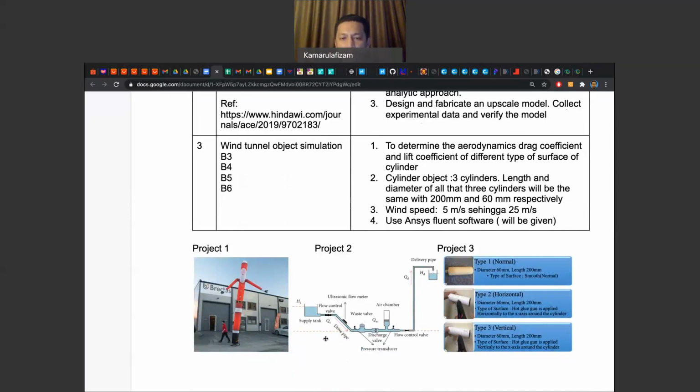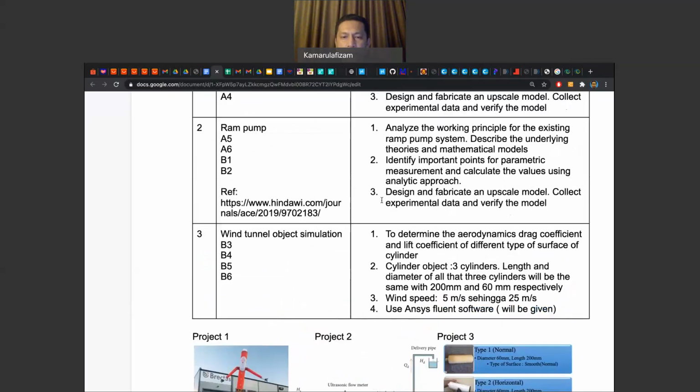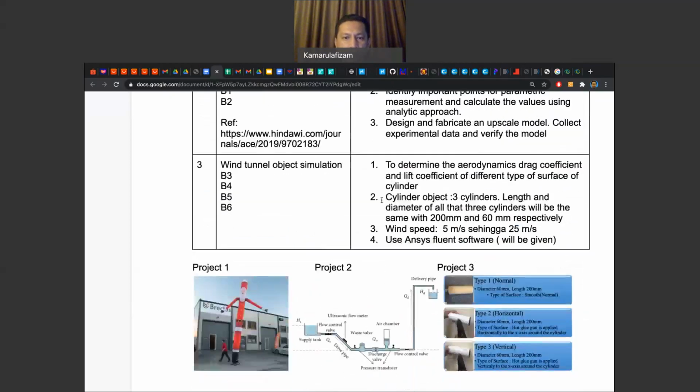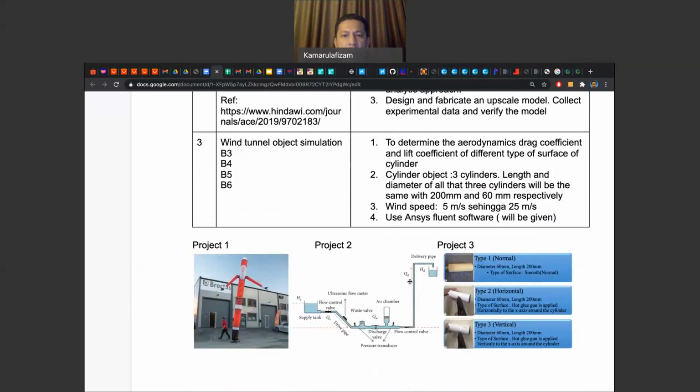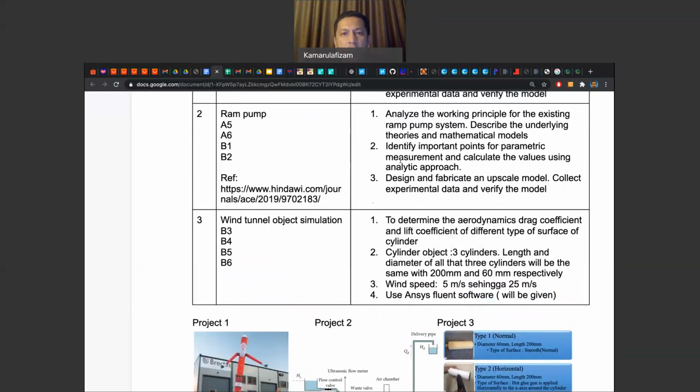So in this diagram, you more or less have the parameters that you need to study, measure, and model. When I said just now, for item number 3, that we design and fabricate the upscale model to double the capacity, I was referring to QD and HD here, the head and the flow rate, from whatever design that you get for item number 1 and number 2.